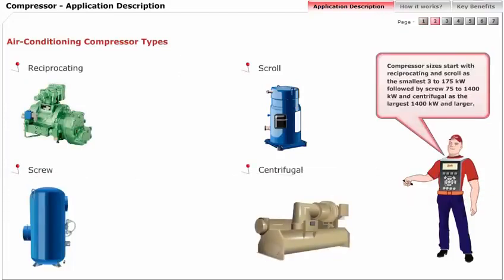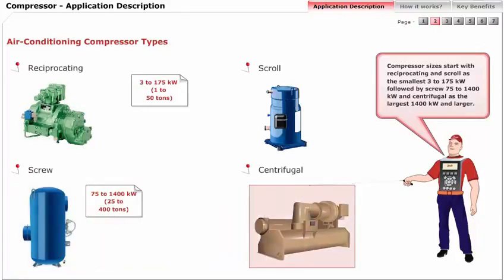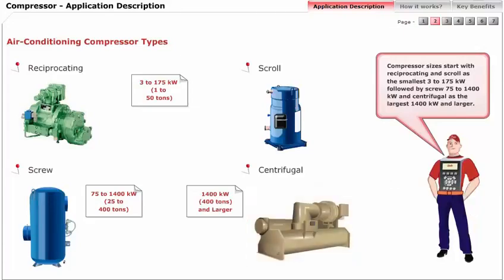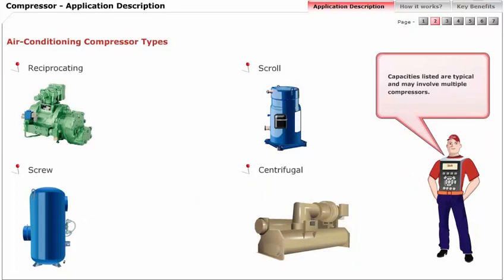Compressor sizes start with reciprocating and scroll, thus the smallest, 3 to 175 kilowatts, followed by screw, 75 to 1,400 kilowatts, and centrifugal, thus the largest, 1,400 kilowatts and larger. Capacities listed are typical and may involve multiple compressors.